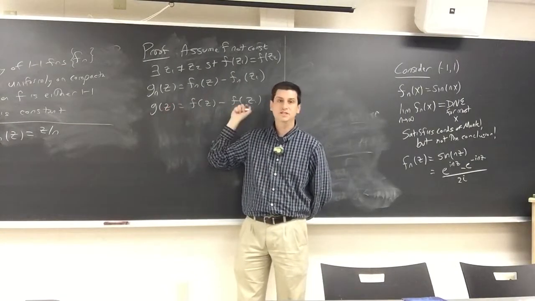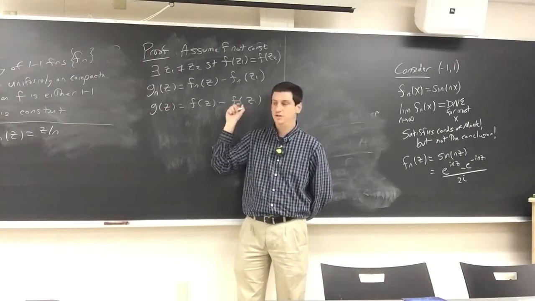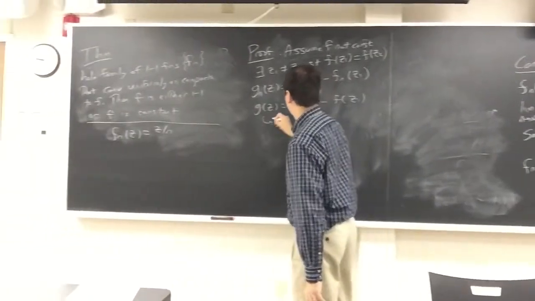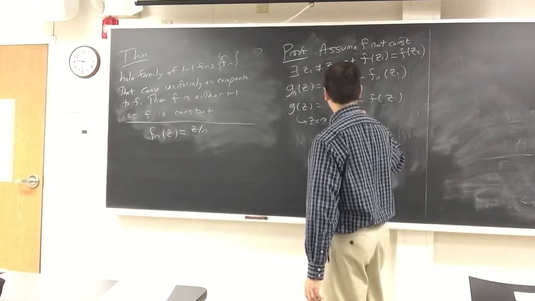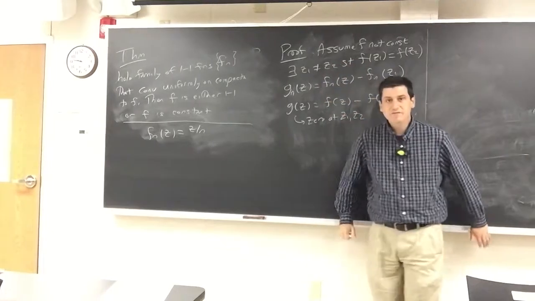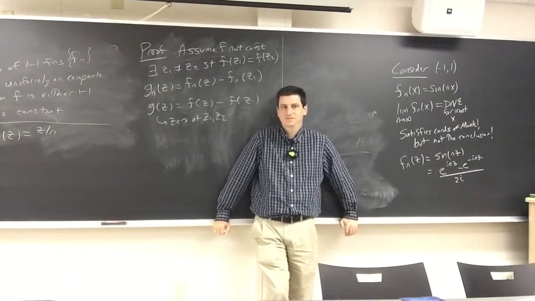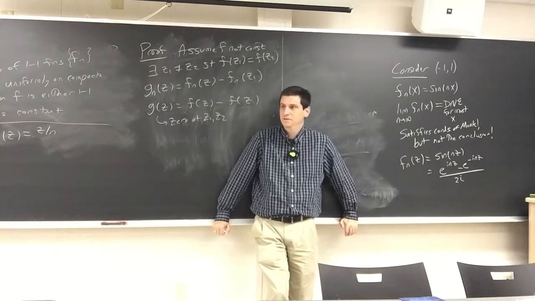We know g has 2 zeros: 0 at z_1 and z_2. And what kind of zeros are these? So there's a nice word to describe what kind of zeros these are.